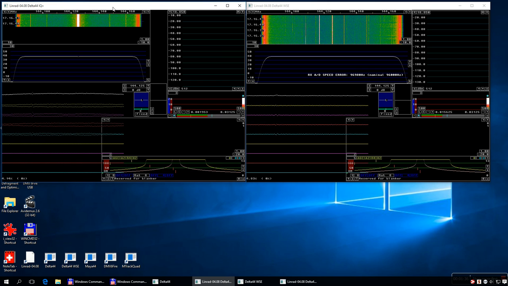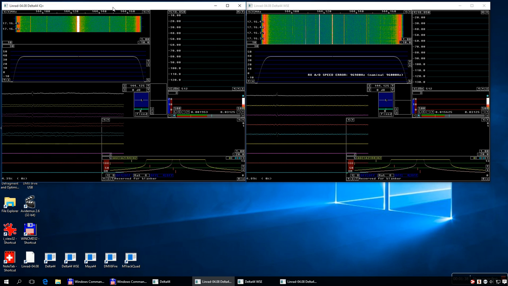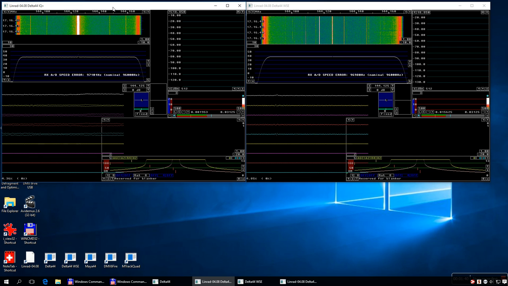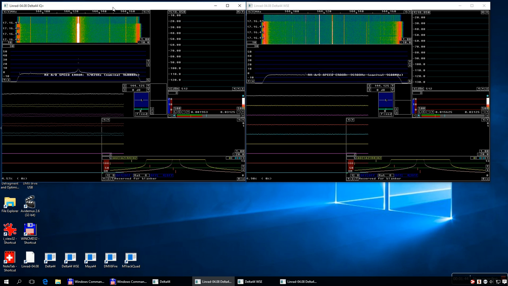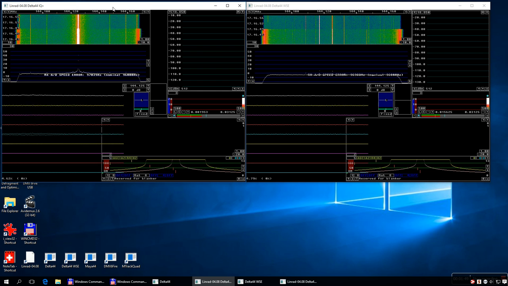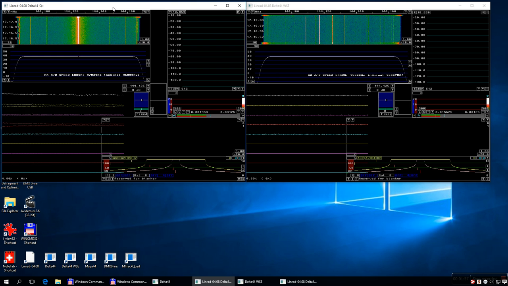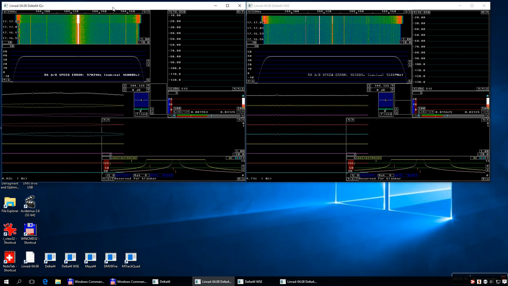I can switch off the pulse generator like that, and you can see it doesn't affect the noise floor much. But on the main spectrum you can see we have now about -4 dB, and with the pulsar connected we have maybe 37.